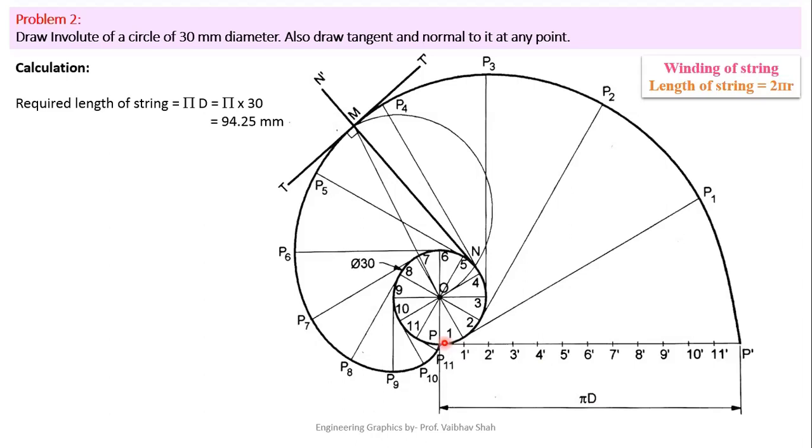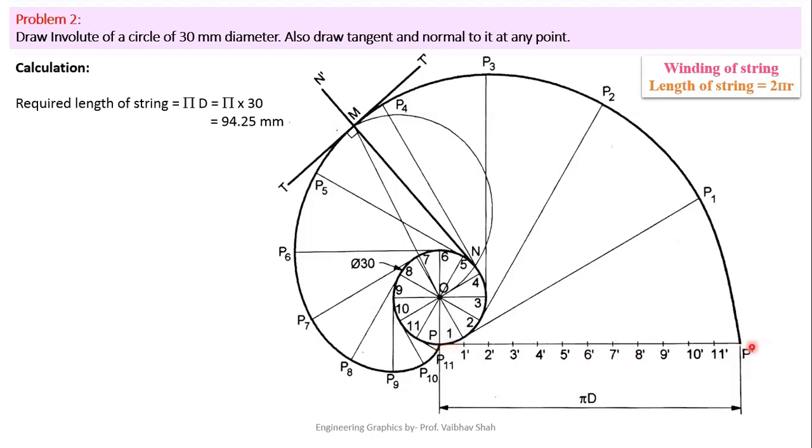So always remember, whenever this string is connected to the circle, this point is known as point of origin or initial point, which is always denoted by 0. So here we will specify this point as a 0.